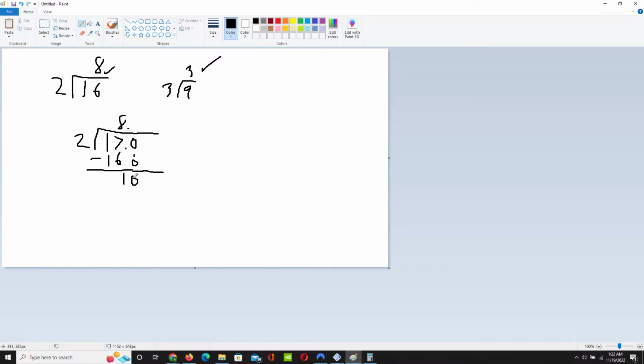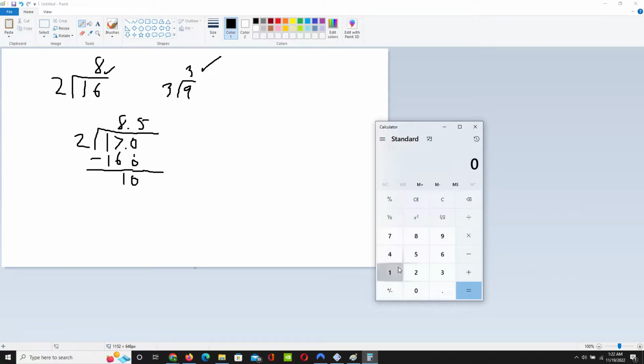And after that, we ask how many times can 2 go into 10? And that'll be 5. And we have a calculator right here. 17 divided by 2. That should give us 8.5. That's the answer.